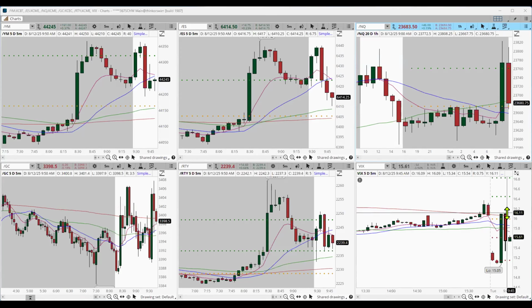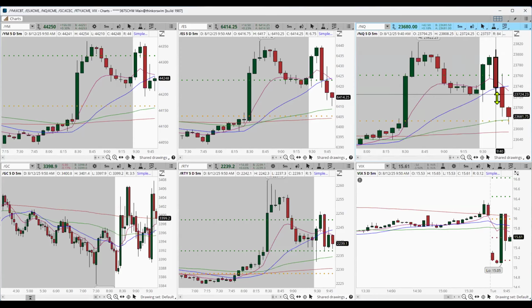We're keeping here fixed because if the VIX is going to get back in here over 16, gets back here on the 5, the market is literally going to start diving. So we got to keep an eye on the VIX.